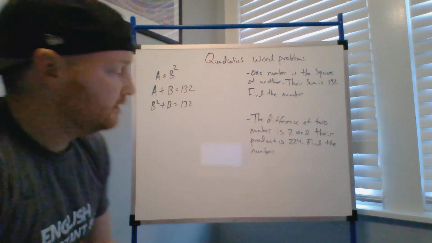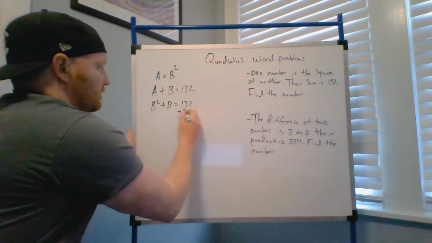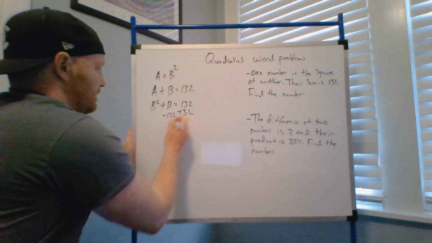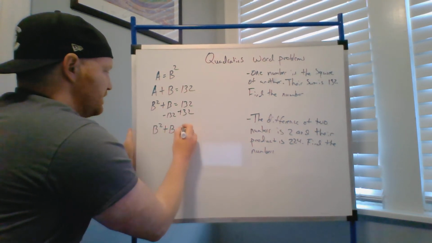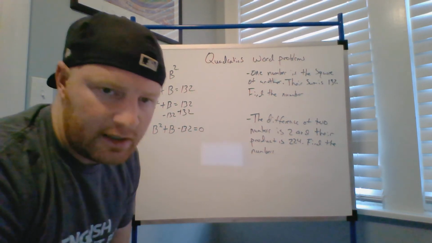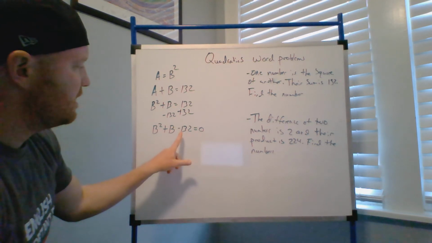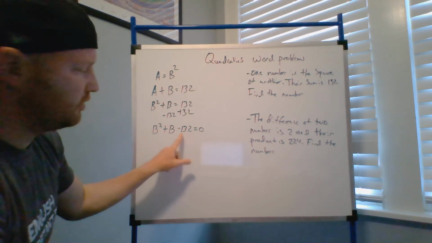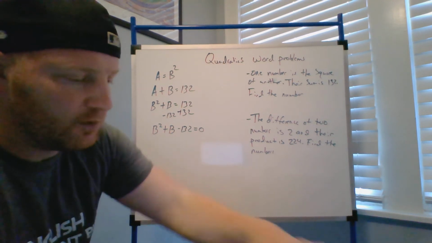Looking familiar? Set it equal to 0 to help solve this. Now I've got B squared plus B minus 132 equals 0. Now we have to think, what numbers multiply to 132 and also add to positive 1?